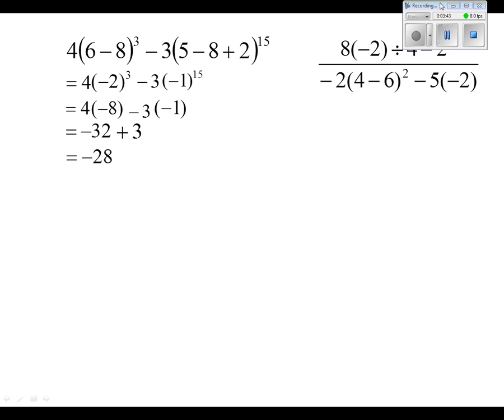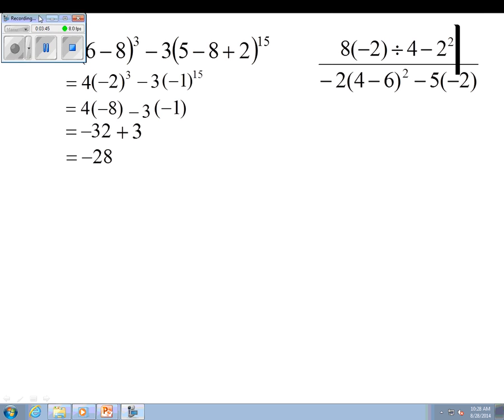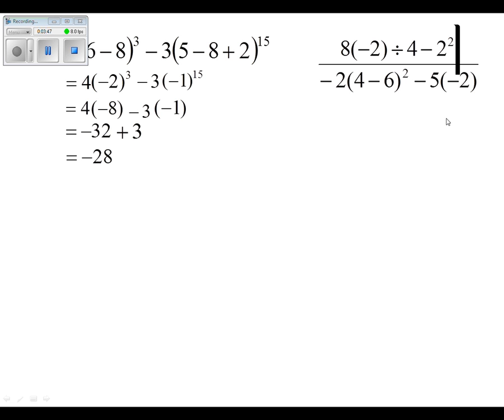Next, let's move this over here for now. In the first step we only have this parenthesis here, so the top just carries to the next line. We have the -2 carry down, and then 4 minus 6 is -2 squared, and then the -5 times -2 carries down.